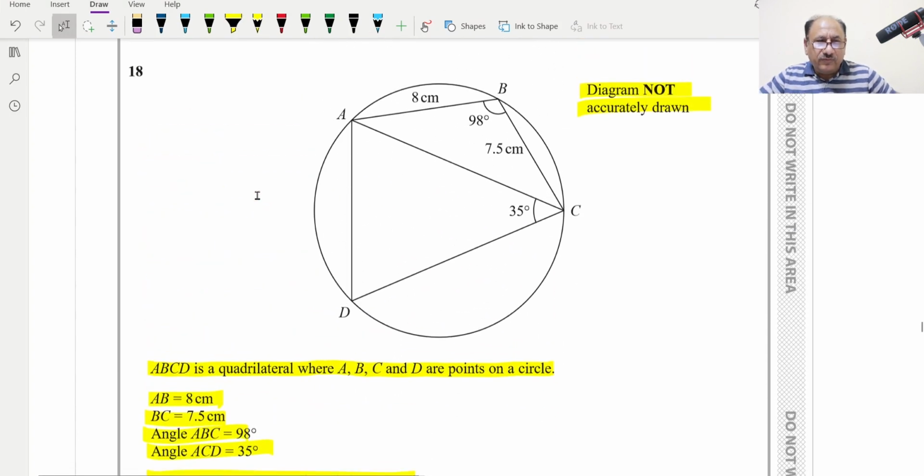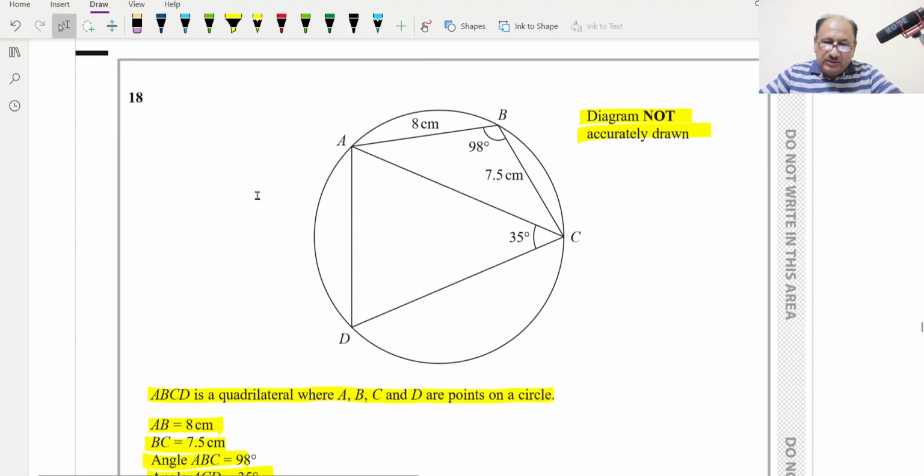So we need the measurements: AB, BC, DC, and AD. This is the perimeter which is required. We have AB, we have BC, but we don't have AD and DC. So our target is to find AD and DC.